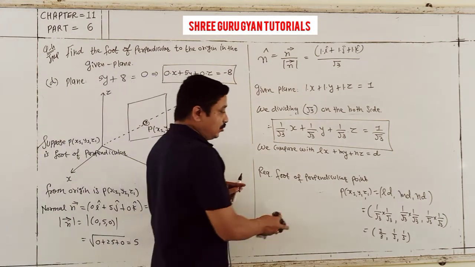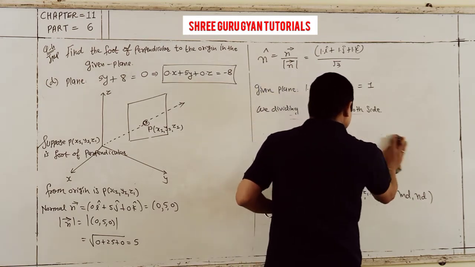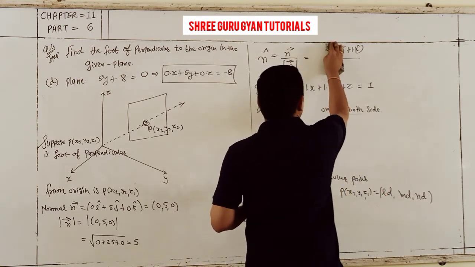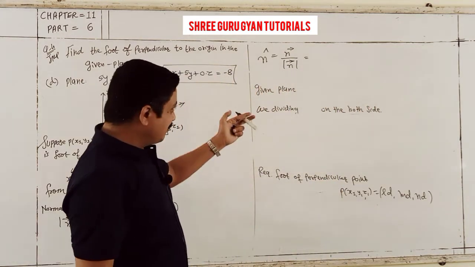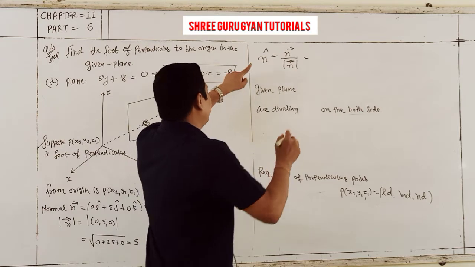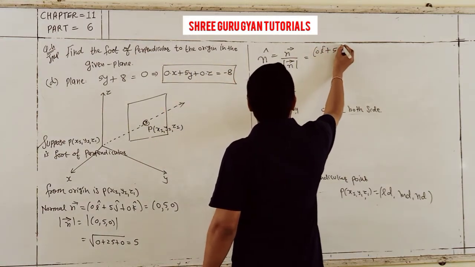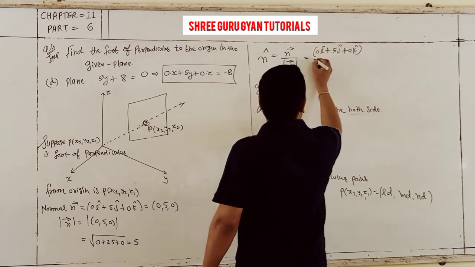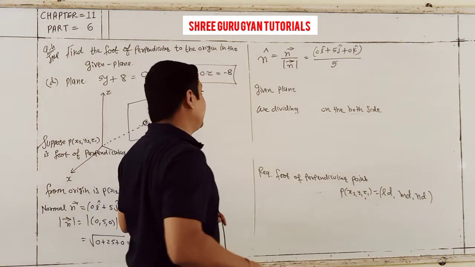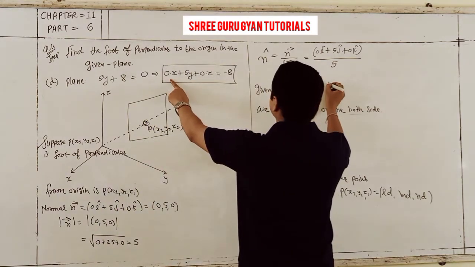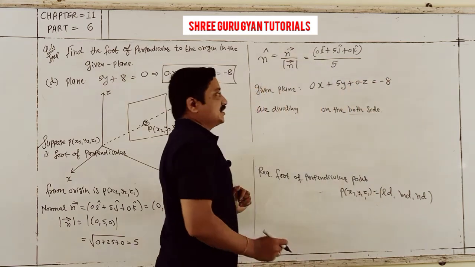So after that you move ahead in the way of your final steps, normal, n cap, and dividing the equation is same. So all these points are same. Now n cap, n bar by modulus n, 0i, 5j, 0k, and n modulus is 5. So in my given plane, 0x plus 5y plus 0z is equal to minus 8.